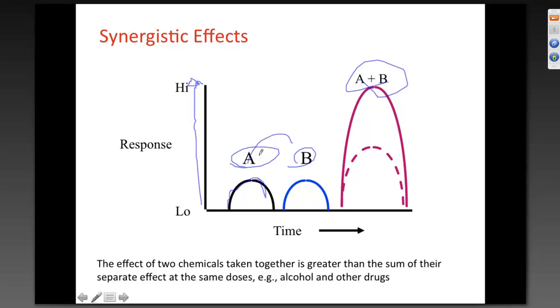It's that A plus B is greater than what A and B were separately. Okay, we're going to go over some drugs that have all of these different effects during the next lecture, so you can actually see it in real world.